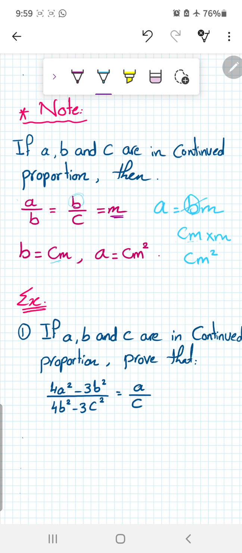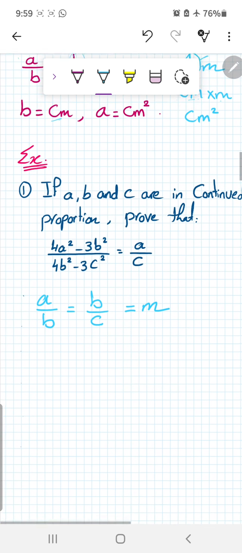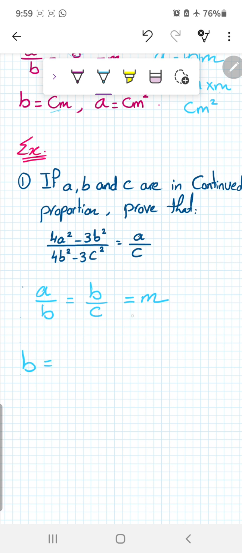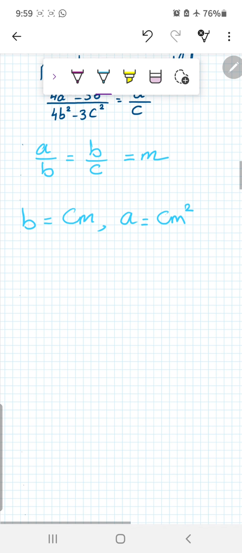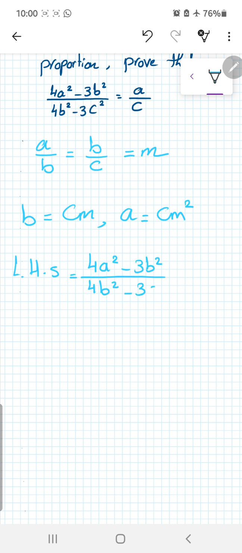Okay, we have an example. If A, B, C are in continued proportion, first write A over B equals B over C equals M. Start from the last, so B equals CM and A equals, as we said, CM power 2. Write the left hand side, which is 4A power 2 minus 3B power 2 over 4B power 2 minus 3C power 2.